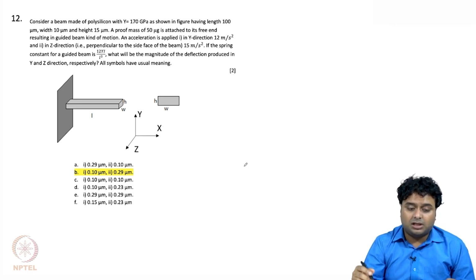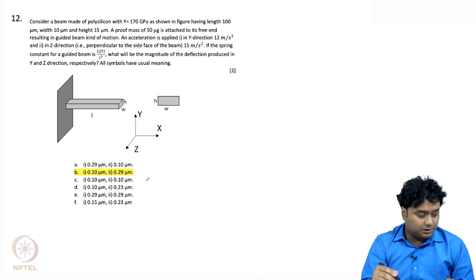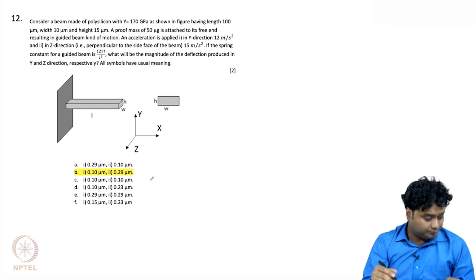This is an important point, that the motion is already mentioned as guided, and acceleration is applied in y direction, let's say 12 meter per second square, and in z direction 15 meter per second square. If the spring constant for a guided beam is already given, and you have seen from our lecture videos that it is 12 EI by L cube, then what will be the magnitude of deflection produced in y and z direction?